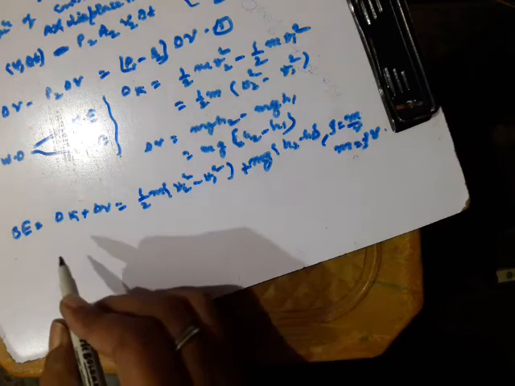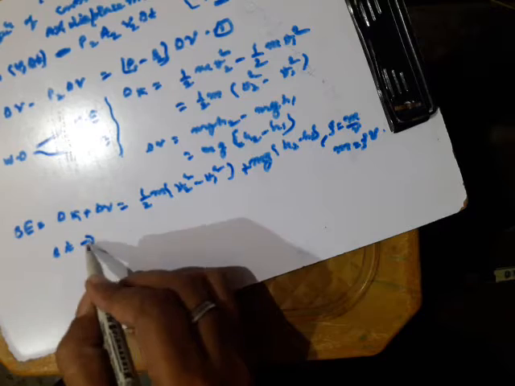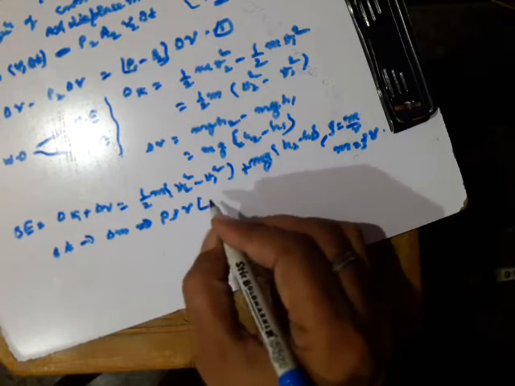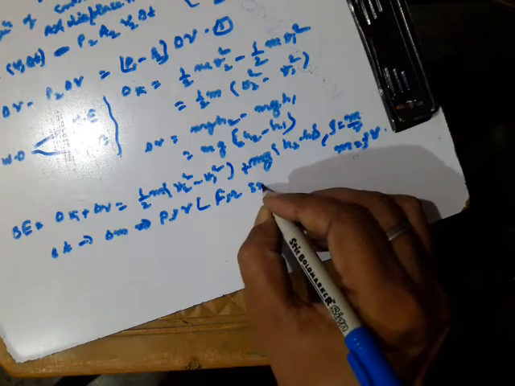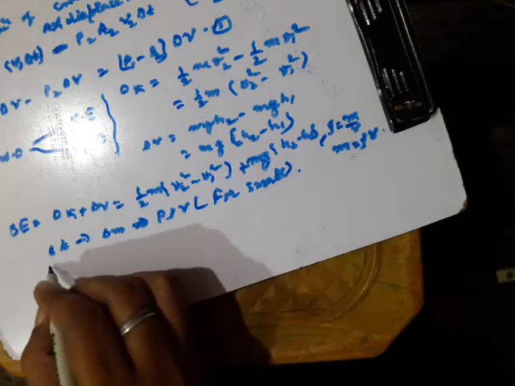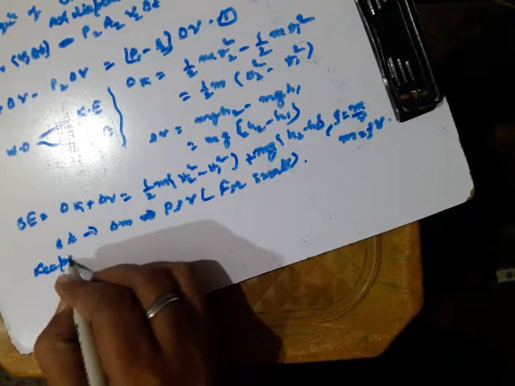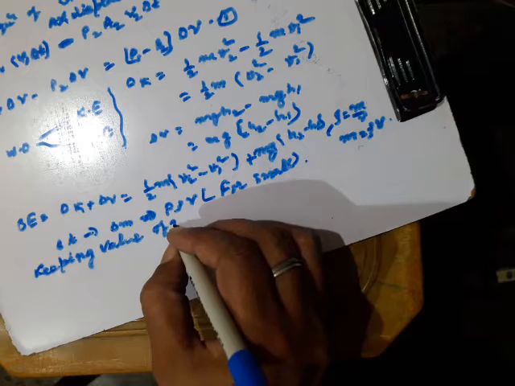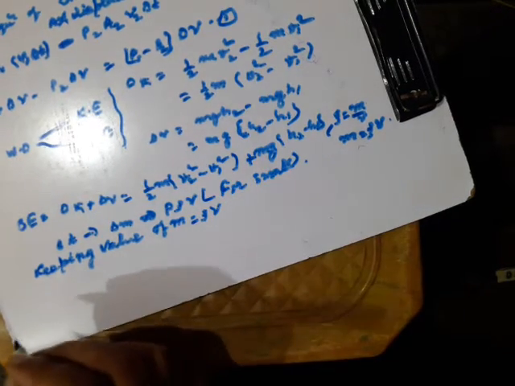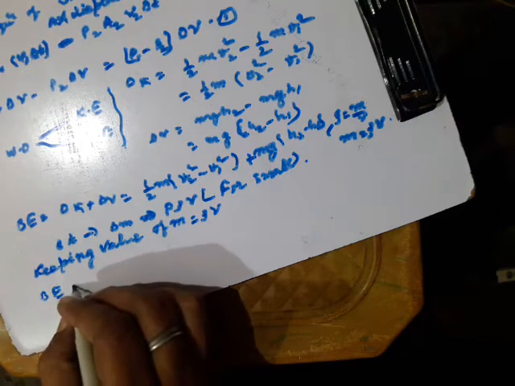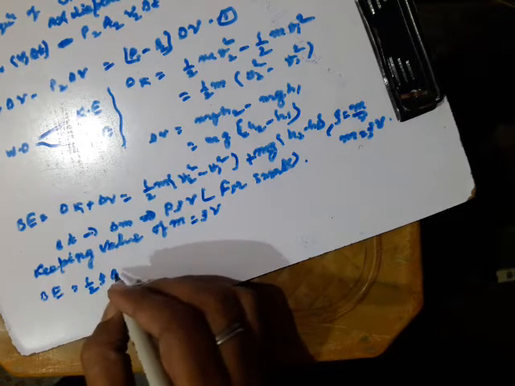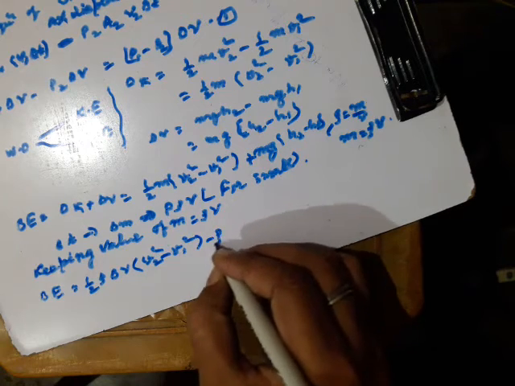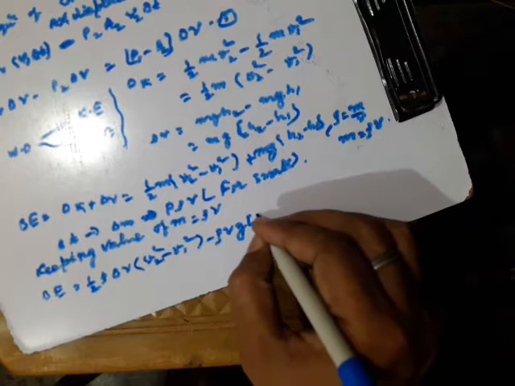Now for small delta t, delta m is equal to rho delta V. Keeping the value of m equal to rho delta V, delta E is equal to half rho delta V (v2 square minus v1 square) plus rho delta V g (h2 minus h1).